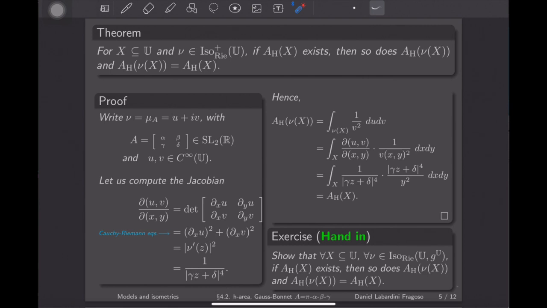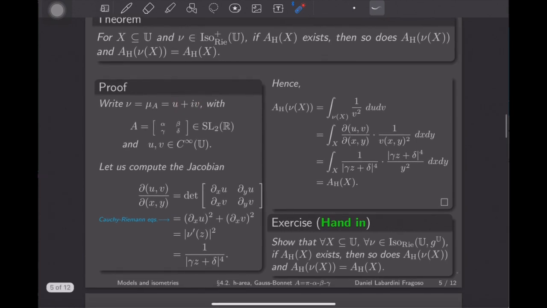And so this means that I have to compute the Jacobian of the change of coordinates. Now here the change of coordinates is given by u and v. So I have to compute this Jacobian, which is the determinant of the partial derivatives of u and v. Well, since nu is holomorphic from U to U, the Cauchy-Riemann equations are satisfied.